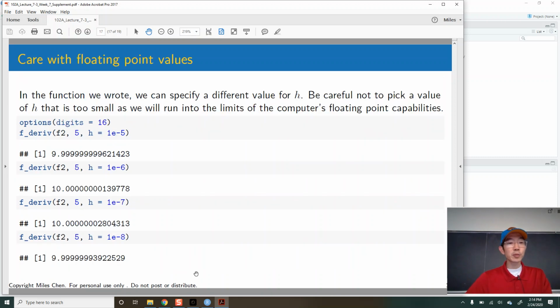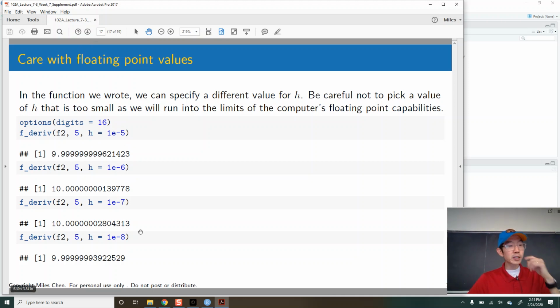You have to be careful about floating point numbers. You might say, let's get the smallest h possible. But if you go too small, you run into the limits of floating point approximation, and you run into some problems. Here I'm using h of 10 to the negative 5, 10 to the negative 6, 10 to the negative 7.